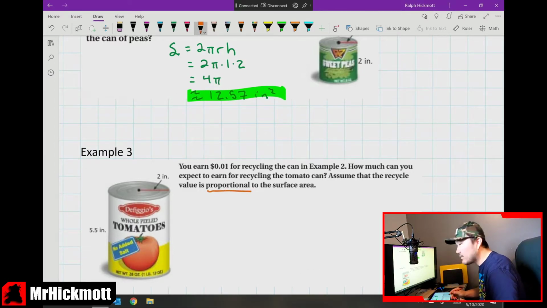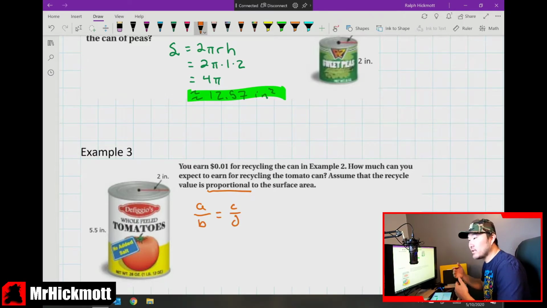So anytime I see that magic word proportion and we're comparing two things, it's going to give us an opportunity to use a setup like this where we have something over something equaling something else over something, and we just got to be consistent what we put on top and what we put on the bottom. So let's apply this.